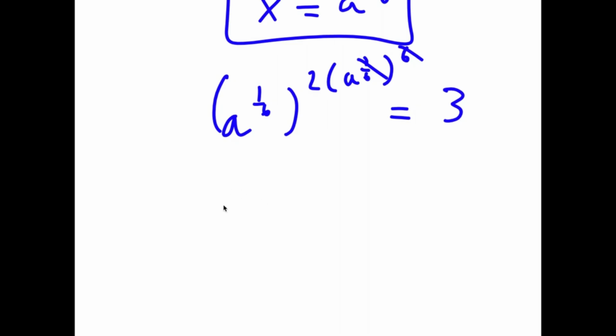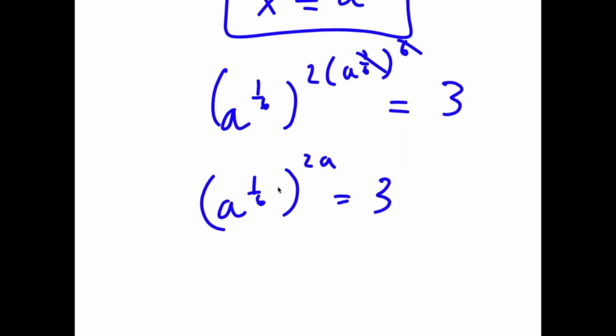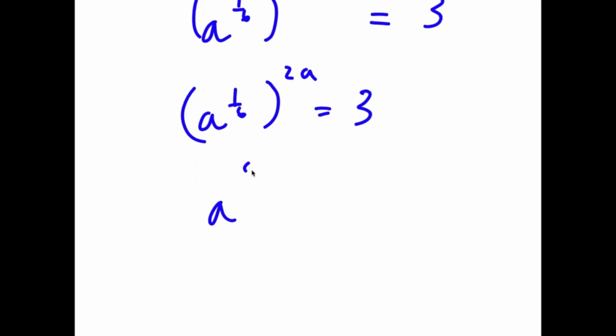So now I have a to the power of 1 over 6 to the power of 2a, which is equal to 3. Now 2a over 6, that's the same thing as a over 3. So I have a to the power of a over 3 is equal to 3.